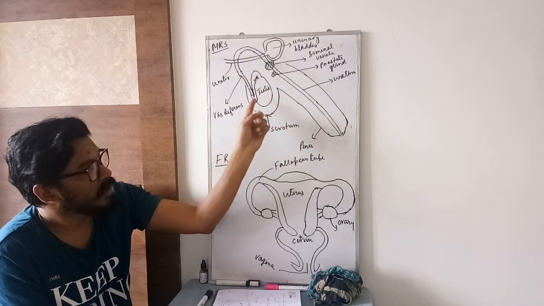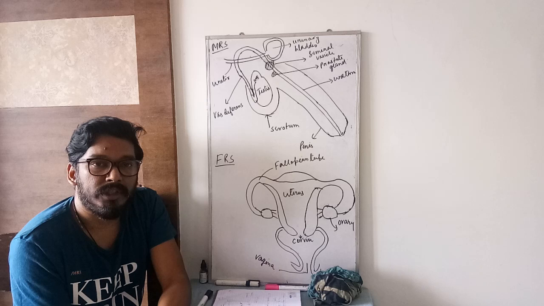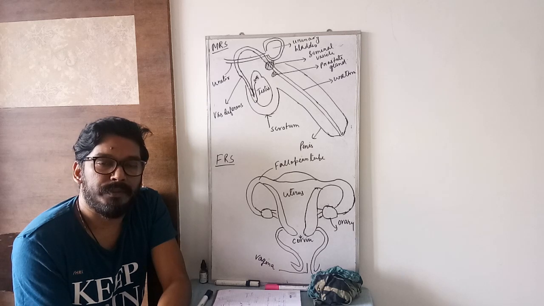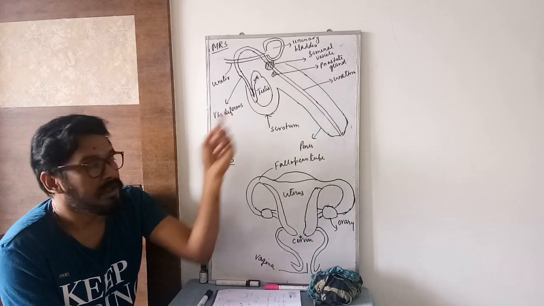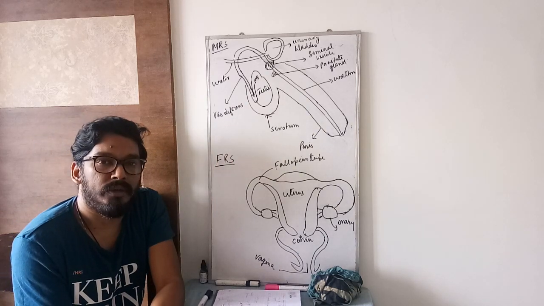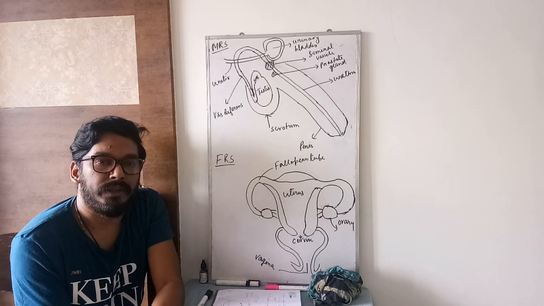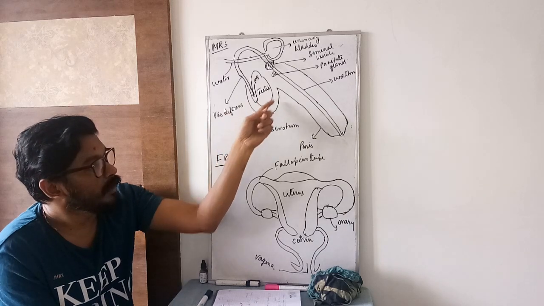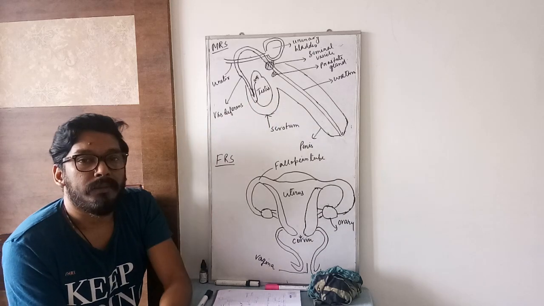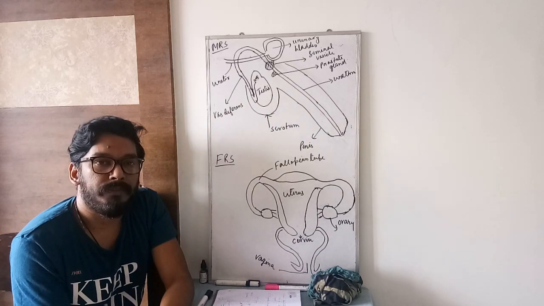Testis is responsible for the formation of the male germ cell, that is sperm, and inside sperm there is the male gamete. Testis is also responsible for the formation of the hormone testosterone, which is responsible for all the changes in males during puberty. The skinny bag in which testis is present is called scrotum.